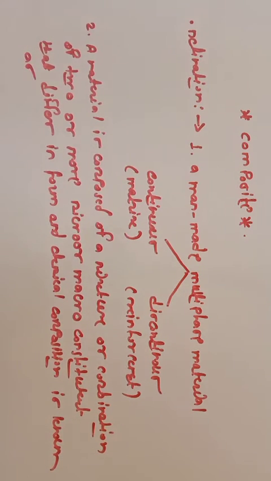So this is the other definition: a material composed of a mixture or combination of two or more micro or macro constituents that differ in form and chemical composition is known as composites.